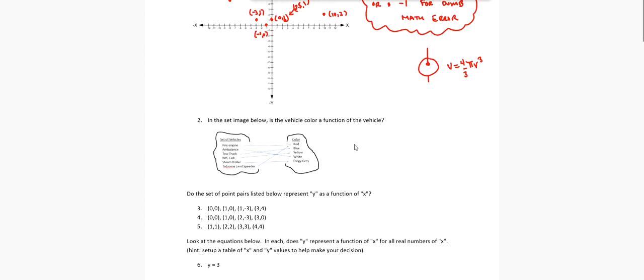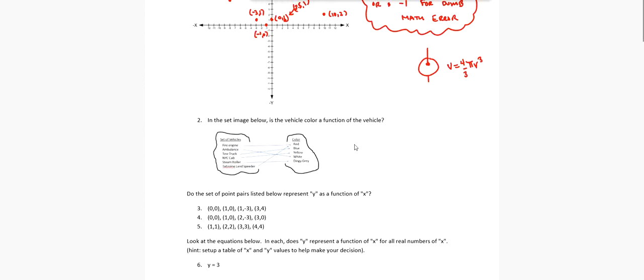Okay, we got the set problem here. Is the vehicle color a function of the vehicle? Well, if that's the case, then for any of these vehicles over here, we should have one and only one color. Looking at this closely, it's hard to see. We have fire engine and there's only one color. We have ambulance and there's only one color. We have tow truck and there's only one color, blue. We have New York cab and there's only one color, yellow.